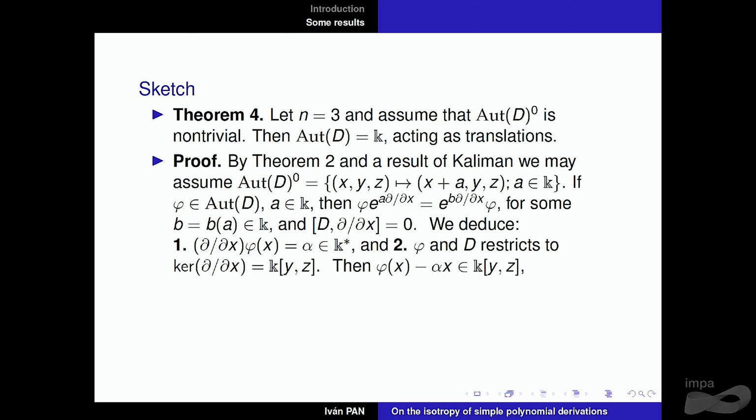And then one may deduce that phi x minus alpha x is a polynomial in two variables, because the derivative is a constant, alpha. And also the same calculation, but with y and z, because we use the derivative with respect to x.